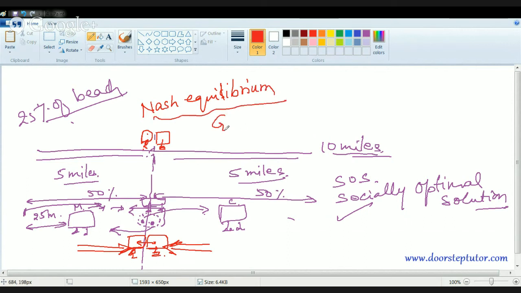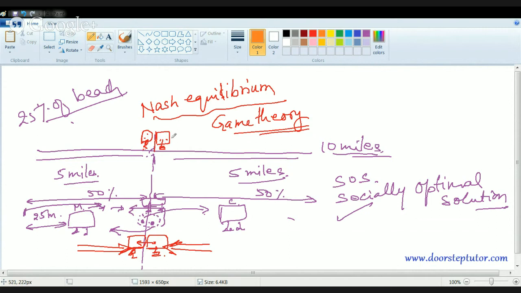According to game theorists, Nash equilibrium is a position in which none of us will try to move unless the other agrees to move. So for example, I have put my cart towards the center of the beach, and my cousin has also brought the cart to the center of the beach.